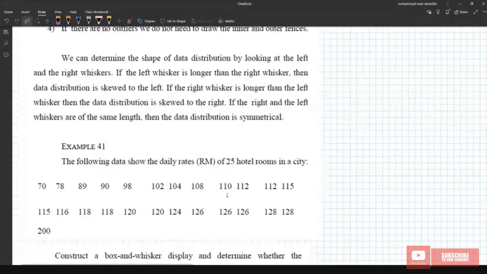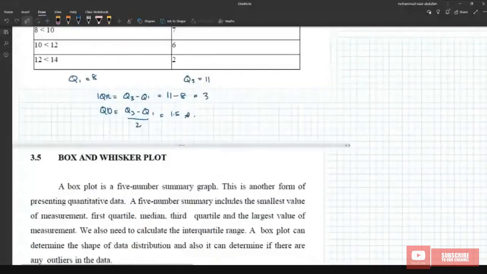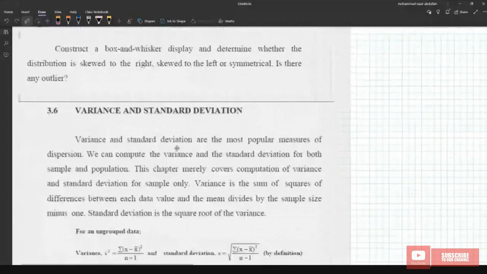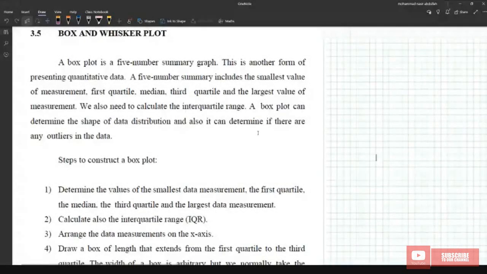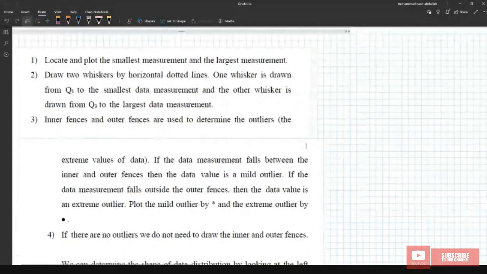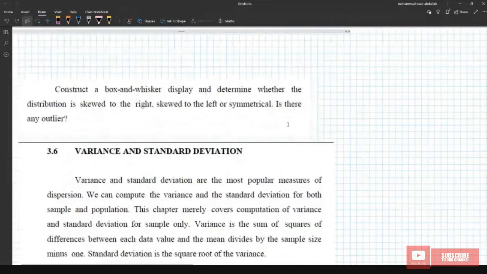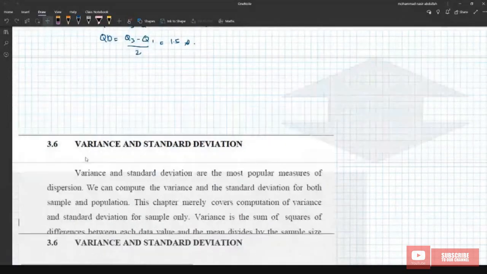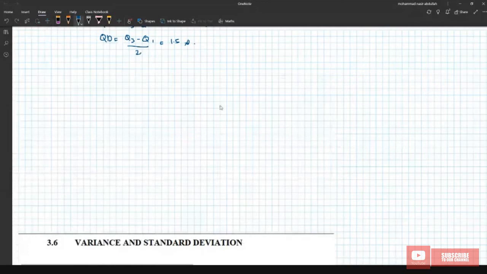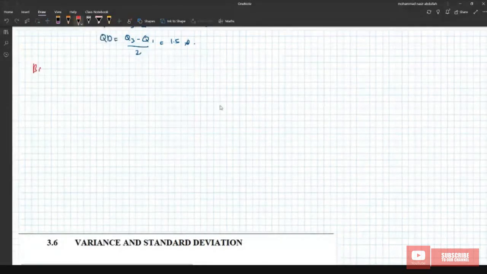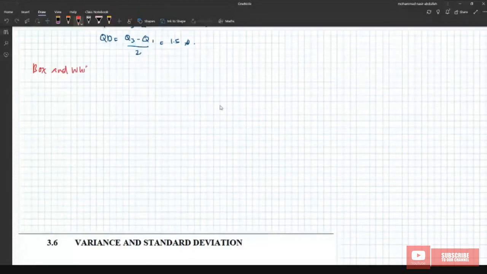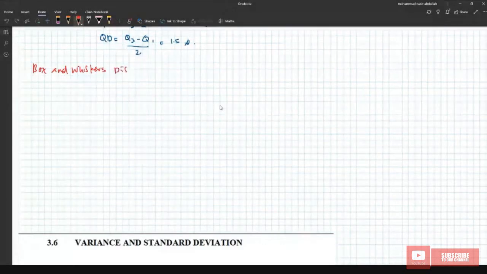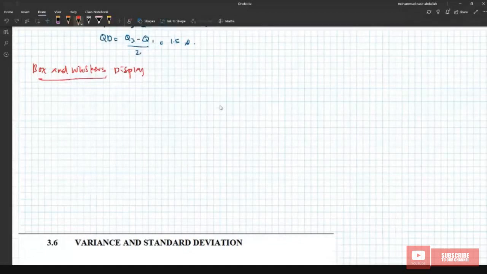Box and whisker display, also known as box plot.